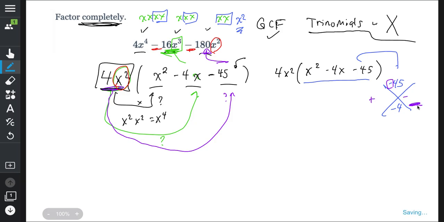This is going to be the bigger number because when we combine, we have negatives in the end. So the numbers that subtract to 4, but also multiply to 45 are 9, which is bigger, and then 5.